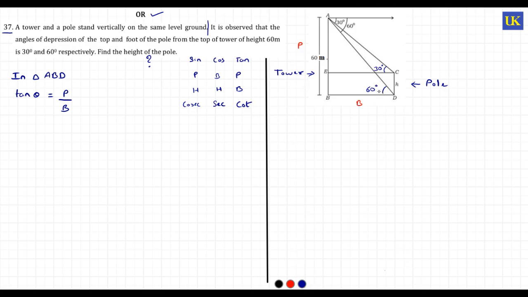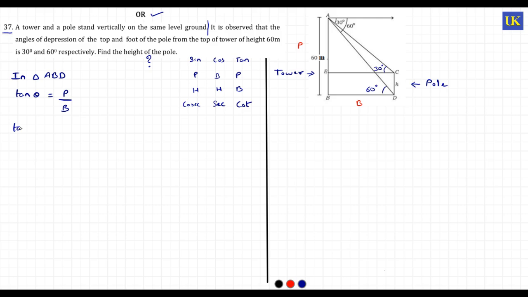So guys, in triangle ABD, if I'm taking this as theta to find BD, then the AB side will become perpendicular and BD will become base. Okay, so I know this side, I want to find BD. So P and B is what we need, which comes in tan, right? That is the reason I am taking the tan formula.